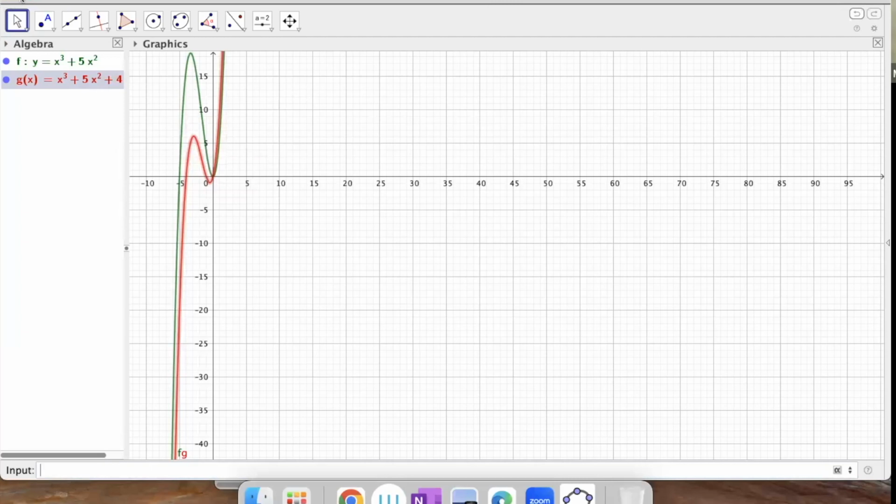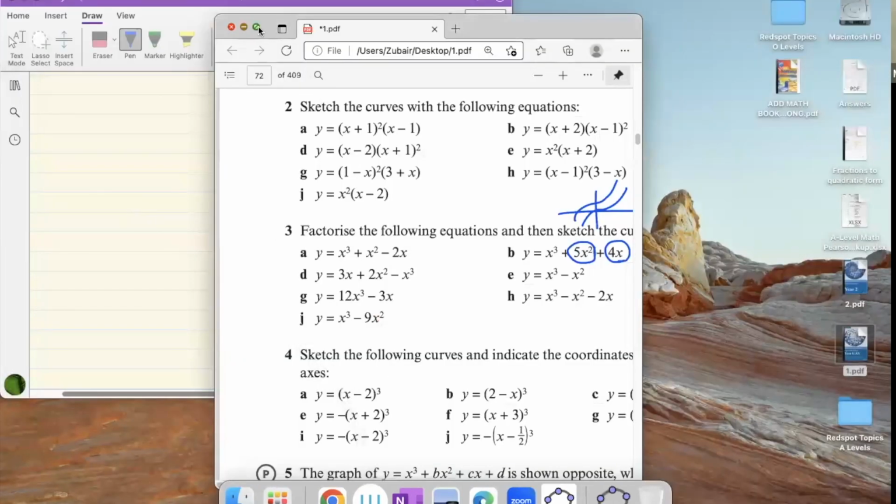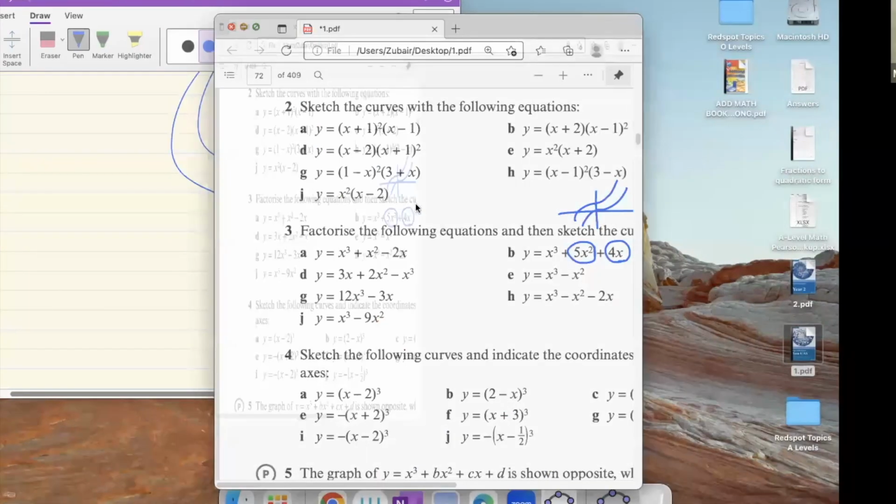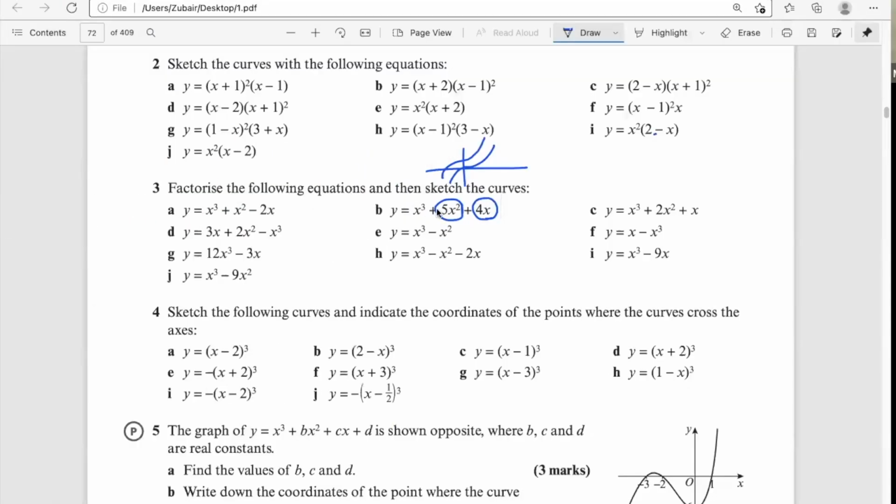For comparison sake, if you factorize each of the following and then sketch, you may be practicing 2 or 3 questions in an hour. But using this software, you can compare 20 to 30 questions within 15 minutes.